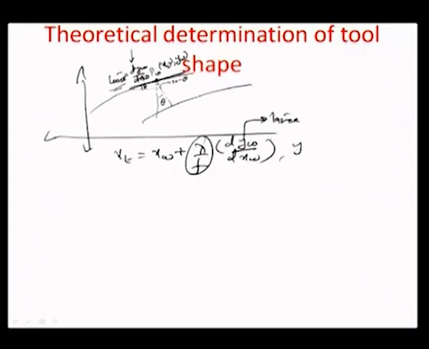Similarly, we already have equation 3 as plotted earlier, where we are trying to say yw as a function of xw is nothing but yt plus lambda by f.